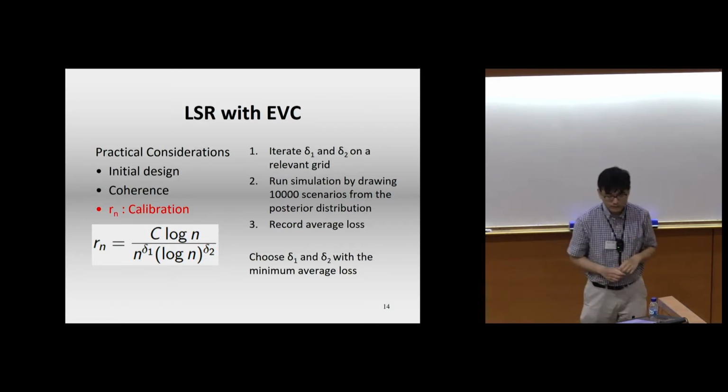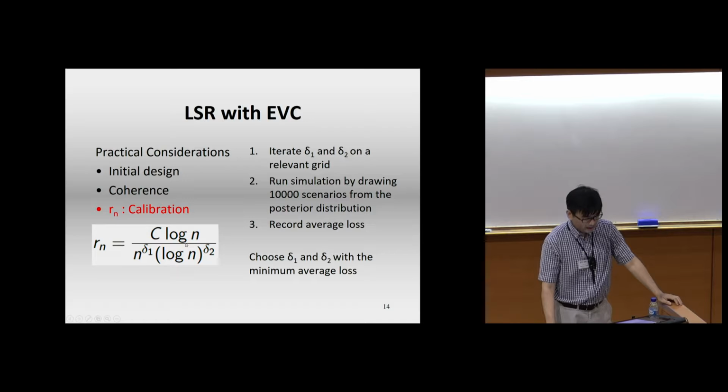So that will be the fastest rate that R can go to 0. But that would also correspond to a completely randomized design, meaning that the subjects during the study will not benefit from what we learned during the study. And so the question is, how do we choose deltas in order to make sure that we get good estimation as well as good dosing property of the patients during the study?